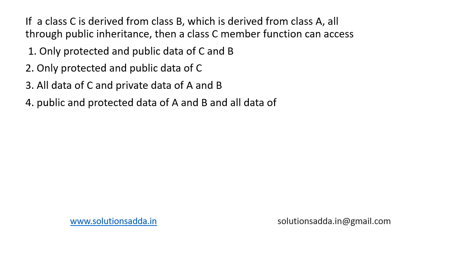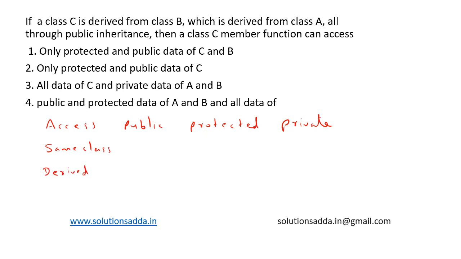Let's write access: public, protected, and private. And the classes would be same class, derived class, and outside class. This would be the basic table.